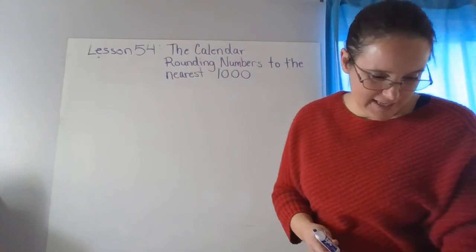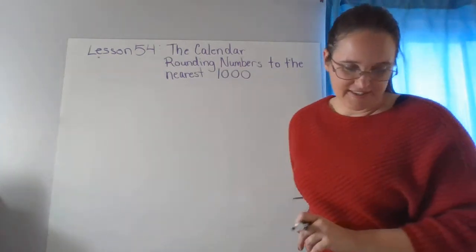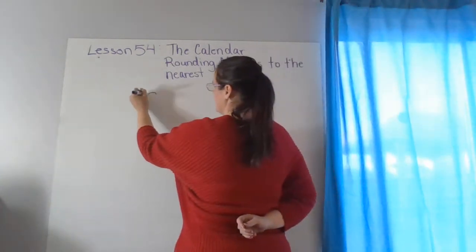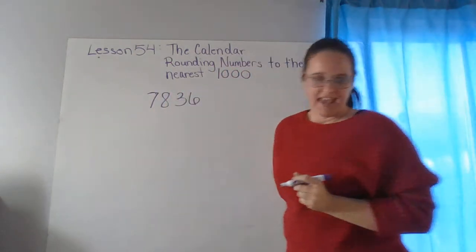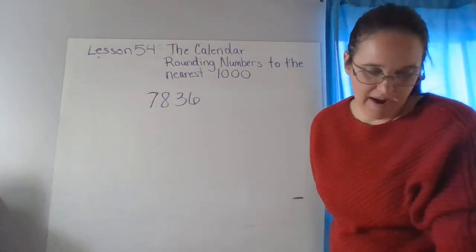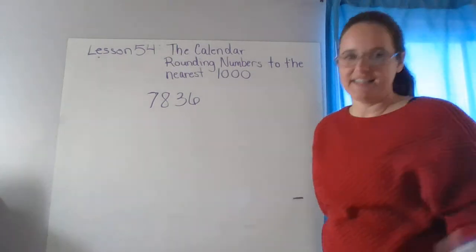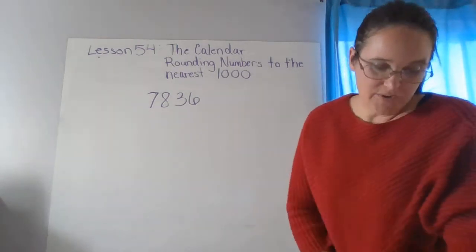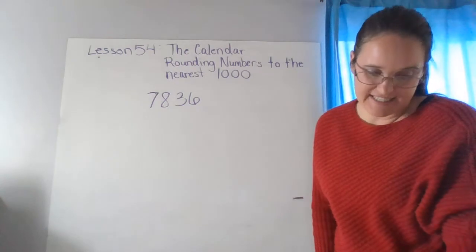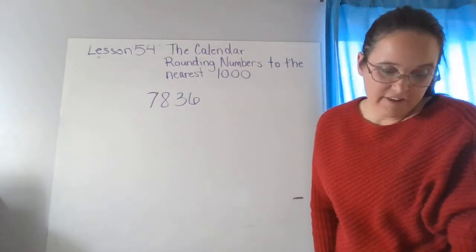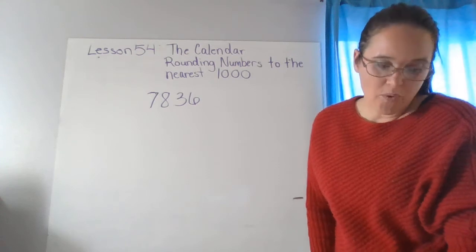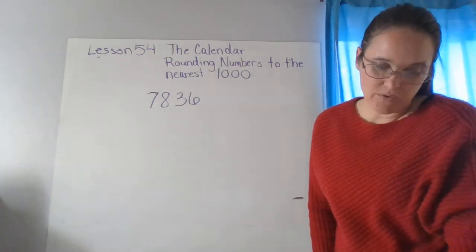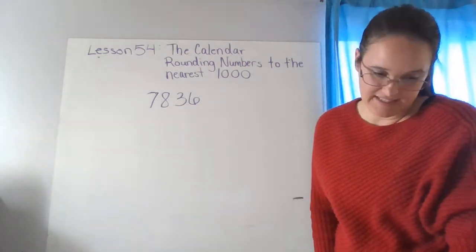So in this example, we are looking at 7,836. And it wants us to round the number of tickets. In this case, it's a word problem. So 7,836 tickets were sold for the first professional indoor soccer game of the season. Round the number of tickets sold to the nearest 1,000.